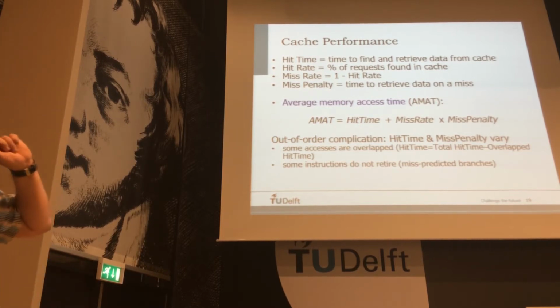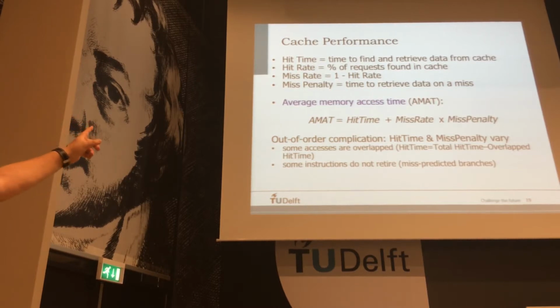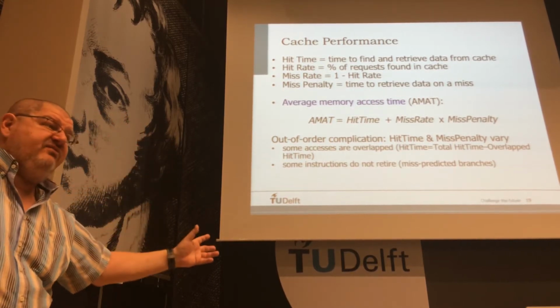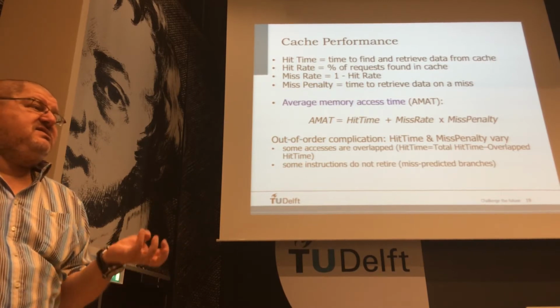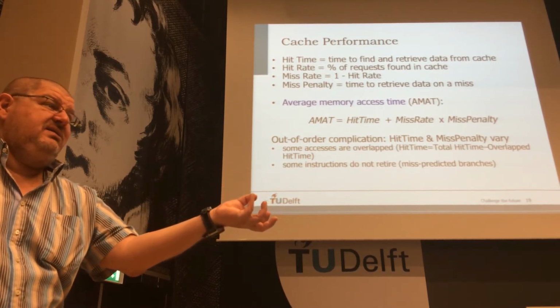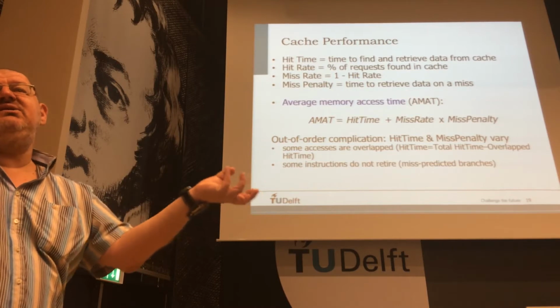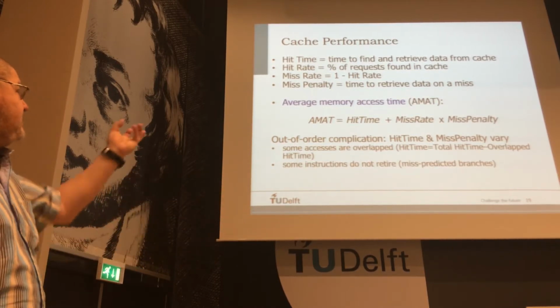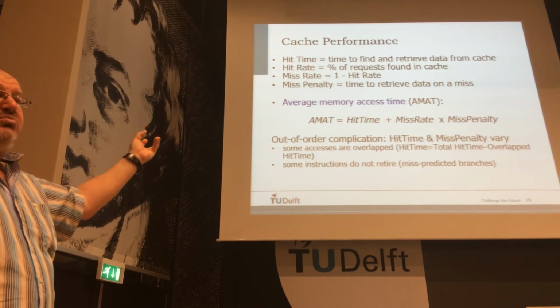Now, the average is given by the hit time plus the miss rate multiplied with the miss penalty. Whenever I have a hit, the access is 1 cycle, or 2 cycles, depending on how I'm designing it, or K, whatever. But most of the time, the hit time is 1 cycle.